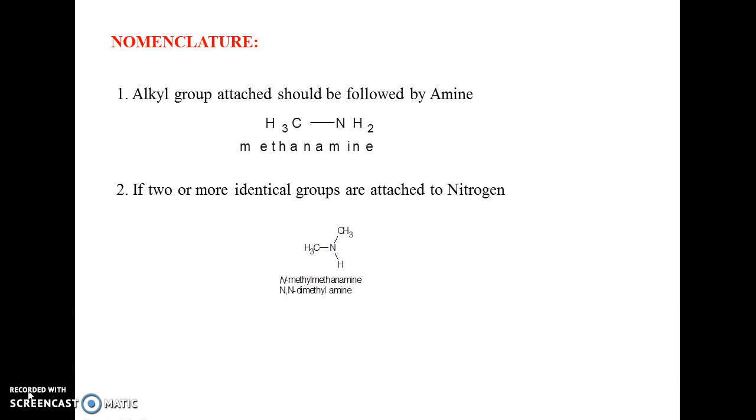Next, if two or more identical groups are attached to the nitrogen, then we usually give the prefix di or tri depending on the number of groups. For example, here we have taken a secondary amine with two methyl groups attached, and we usually say it is N,N-dimethylamine, as the two methyl groups are attached on the single nitrogen atom.